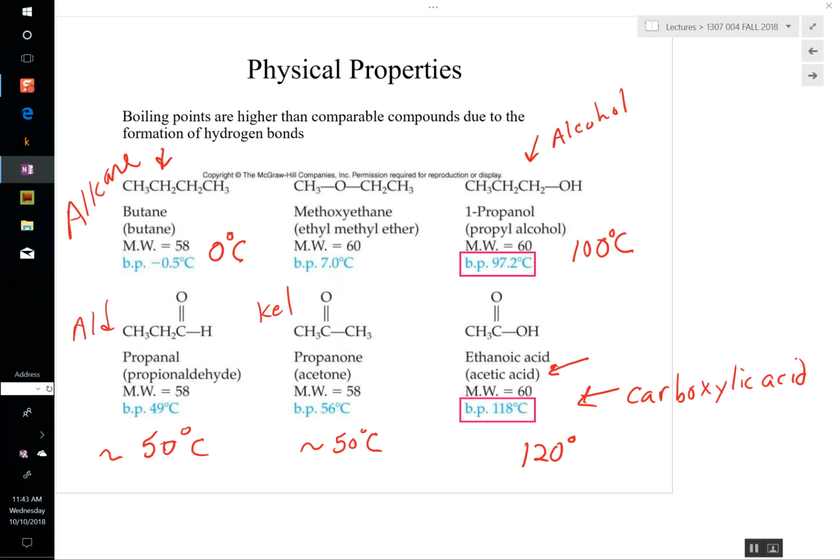If I'm comparing an aldehyde with an alcohol of same molecular weight, which one will have the higher boiling point? The alcohol. Okay? Because this is telling you the trend. Lowest boiling point, middle, higher, highest, if you're comparing comparable molecular weight molecules.